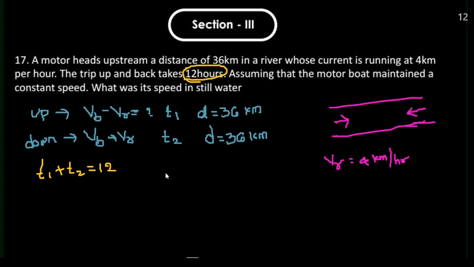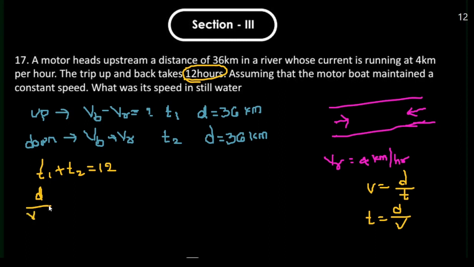So here what we can do is simply write the relation between velocities and displacement. Velocity is nothing but distance by time, right? Here I can write time is equal to distance by velocity.